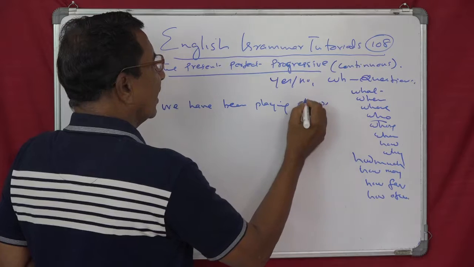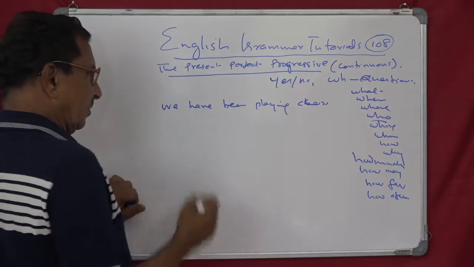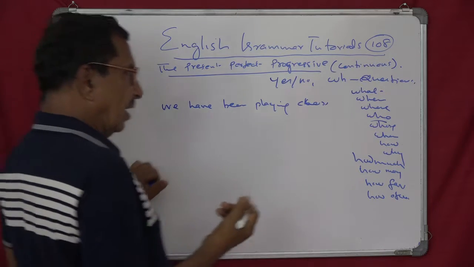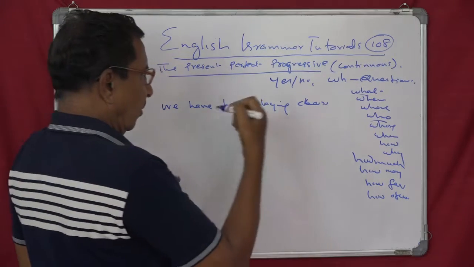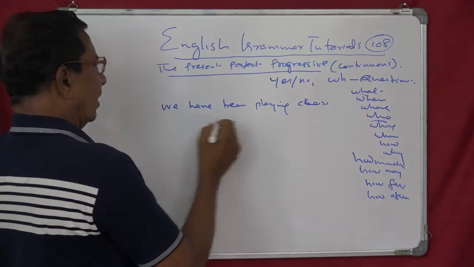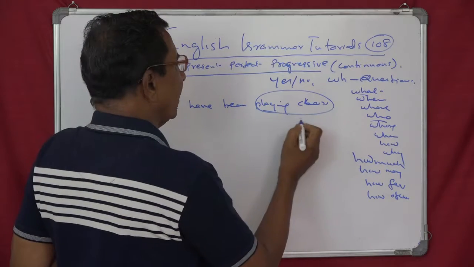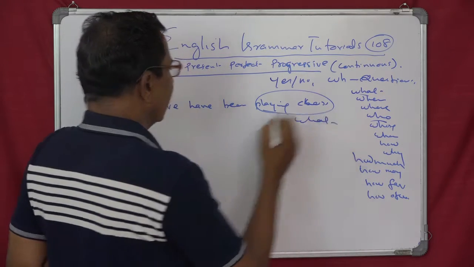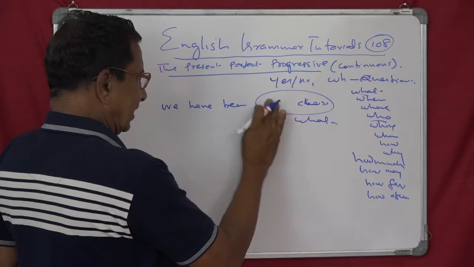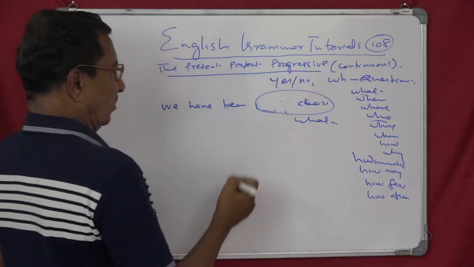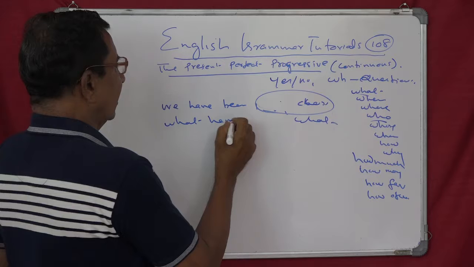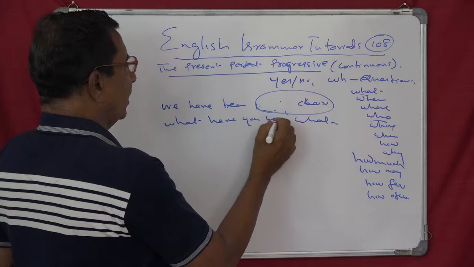Which question word will you use? You can say, what have you been doing? See, playing chess can be what? Chess is playing, do. So you can say, what have you been doing?